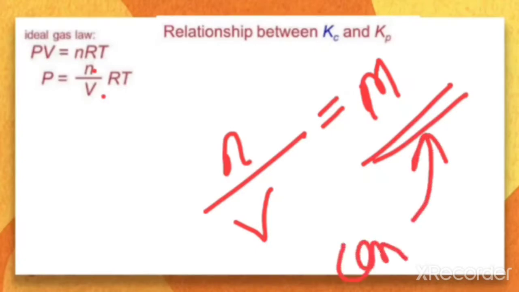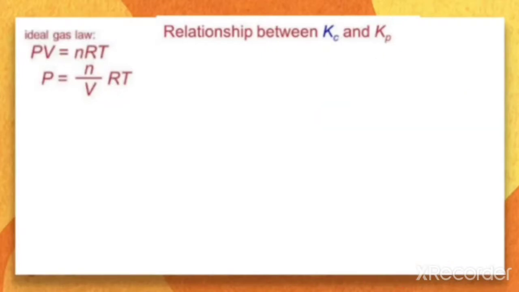It is actually the concentration. As we have already expressed the equilibrium constant in terms of concentration, where concentration is the molarity, n by V can be represented as concentration. So instead of writing n by V, we can write the concentration for that particular reactant.